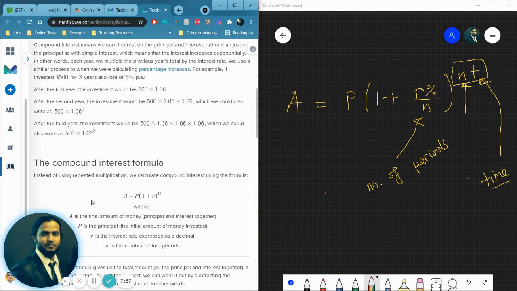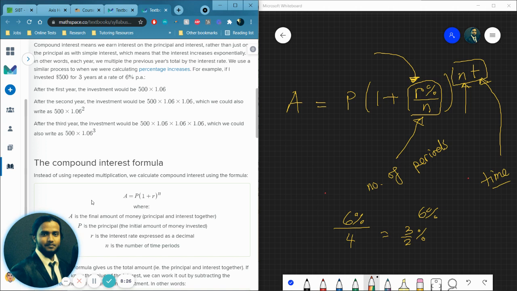Let's say quarterly for 4 years. So it's going to be 4 multiplied by 4, which is 16. And in the same breath, your r is going to be quarterly if you do this. So if you take, let's say, 6% per year and divide by 4 quarters, that's going to be 3 by 2 percent quarterly.